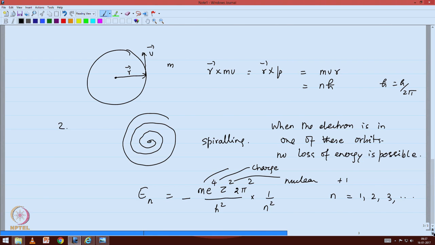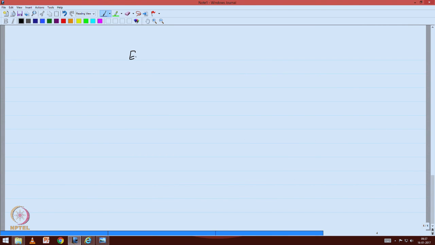And if you calculate this energy by substituting all these numbers, En turns out to be minus 13.6 electron volt into 1 by n square.